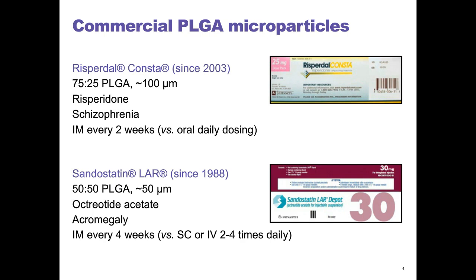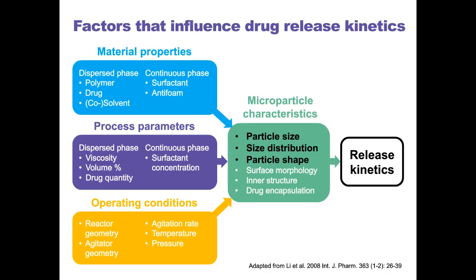So what are the factors that influence the drug release kinetics of PLGA microparticles? Well, some of the main factors are listed on this slide. They can roughly be categorized into 3 groups, namely material properties, process parameters, and operating conditions.